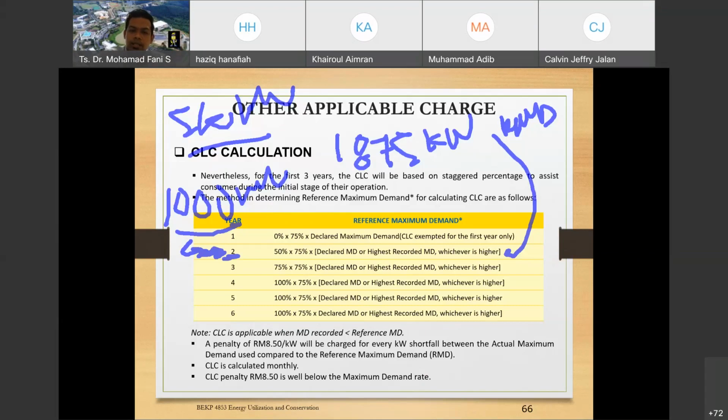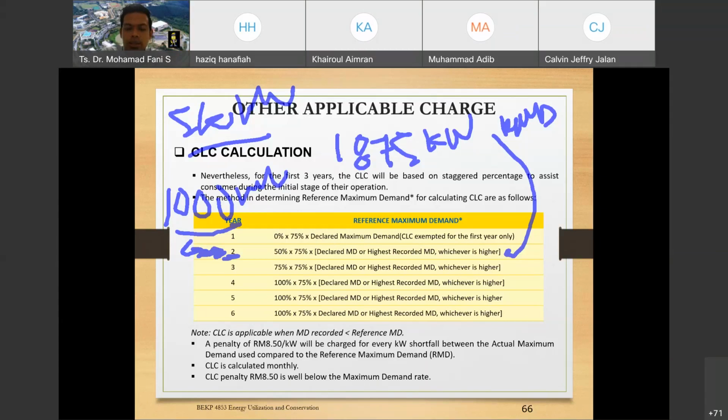So the balance from the comparison between the RMD, the reference maximum demand, and the real maximum demand achieved for that month will be the CLC penalty charge from TNB. So the balance of 875 will be multiplied with the value of the charge, which is RM8.50.